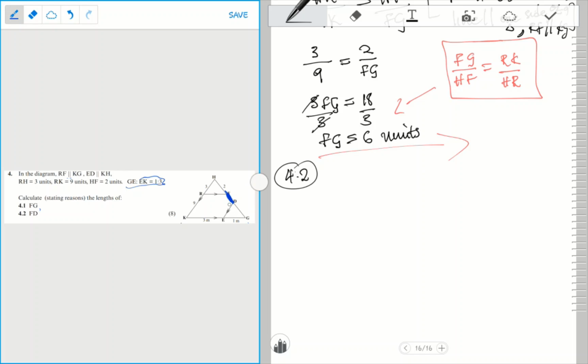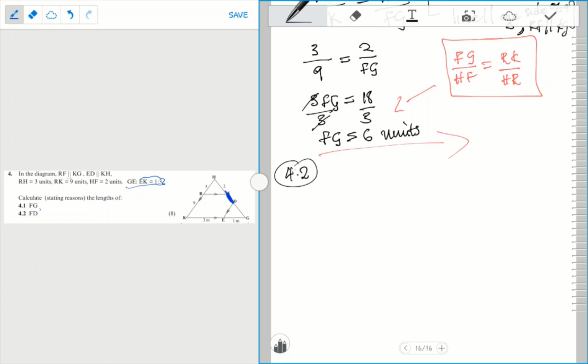That's our FD. So we really need to play around with this form of proportionality.